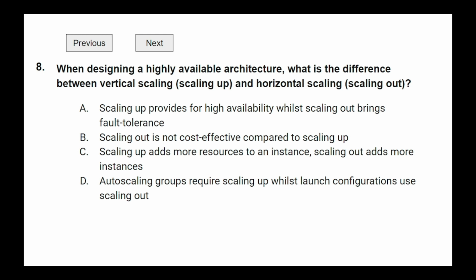Well, that doesn't make sense. Option C, scaling up adds more resources to an instance. Scaling out adds more instances. Well, that makes a lot of sense. Then option D, auto-scaling groups require scaling up, whilst launch configurations use scaling out. Well, that doesn't make sense. So I'll go with option C.